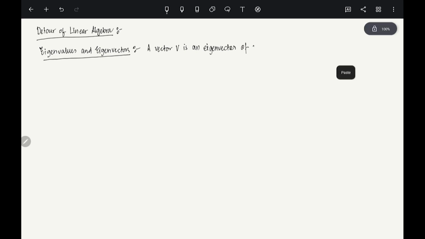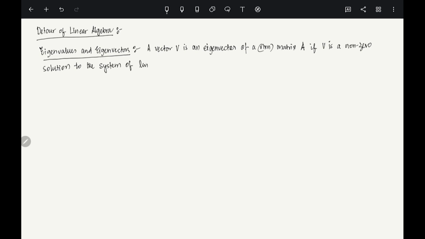Basically, given an n cross n matrix A, v is an eigenvector if v is a non-zero solution to the system of linear equations (A minus lambda I) times v equals 0.